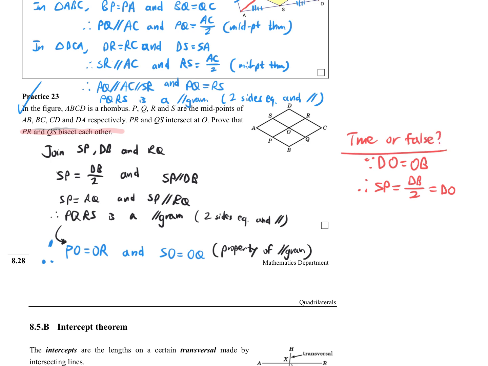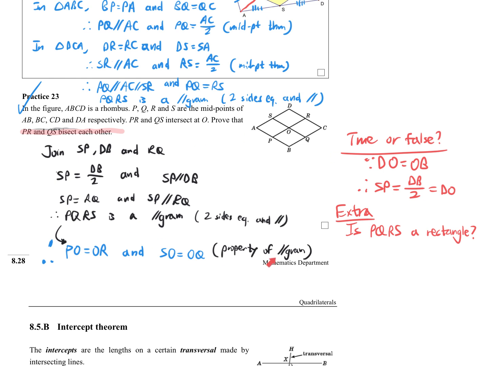Okay. Secondly, is PQRS a rectangle? It looks like one. Okay, go home and think about these two. The hint is that they are closely related to the way we solve this question as well.